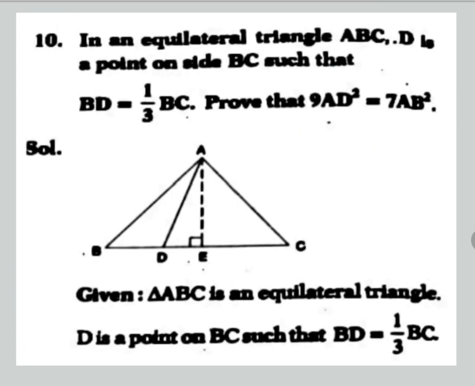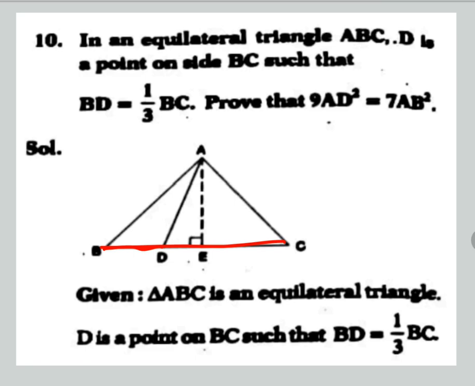In an equilateral triangle ABC, D is a point on the side BC such that BD equal to 1 by 3 BC, and prove that 9 AD square is equal to 7 AB square. BD is 1 by 3rd of BC. It is given.